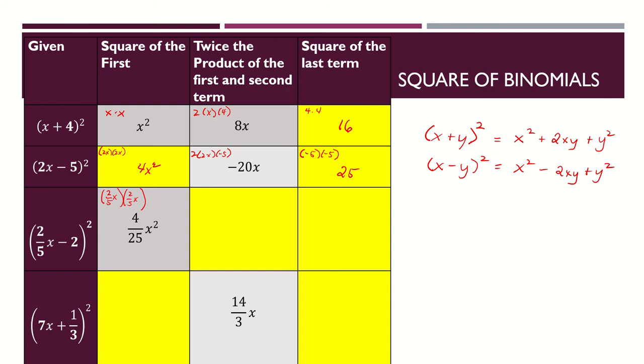Now, for the second item, second column natin, twice the product of the first and second term. So, it's from 2 times 2 over 5x times yung last term na negative 2. So, kapag ganyan, meron kang whole numbers or integers, and you also have a fraction, ang i-multiply mo lang ay yung numerator.